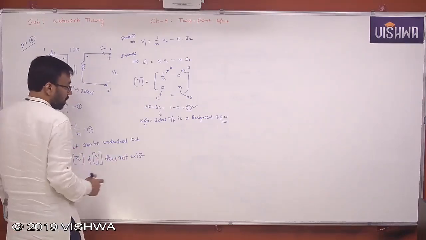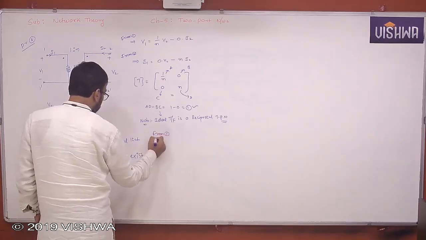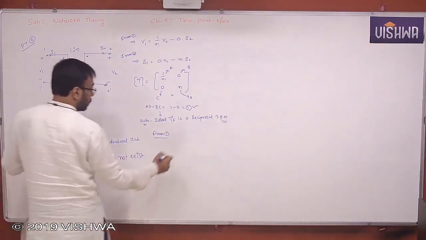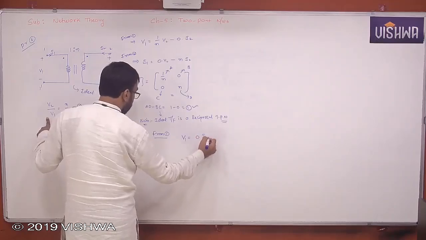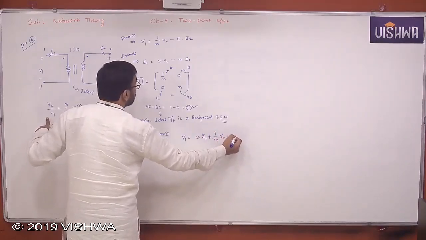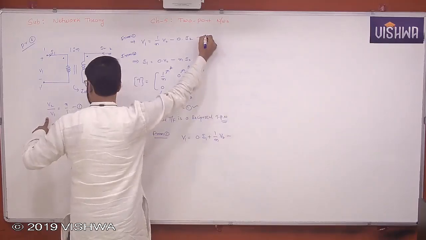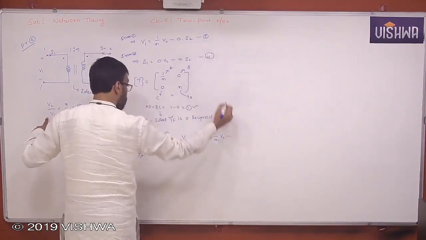So let's do that. From 1, V1 is equal to 0 times I1 plus 1 by n V2. This is 3.